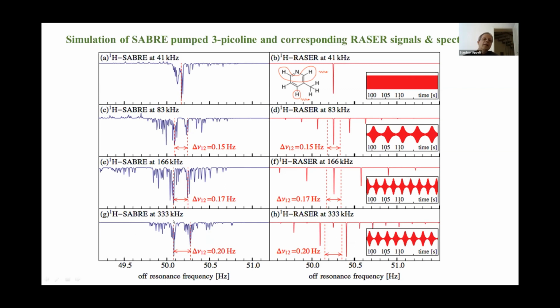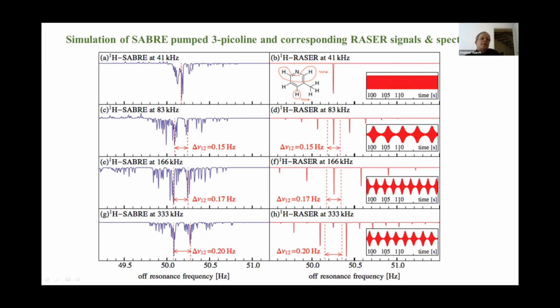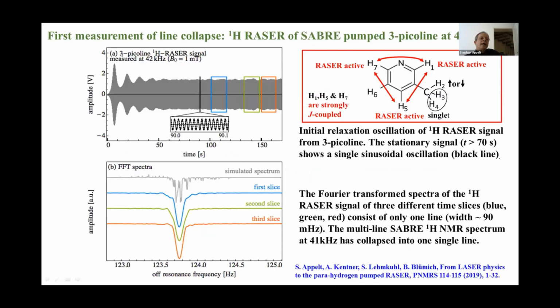So the nonlinearity of the RASER makes it very interesting for analyzing ultra high resolution NMR. Now here's experimental proof for the collapse. The prediction was that at 41 kilohertz, even though you have hundreds of finely split lines in the millihertz regime, you can only observe one RASER line, and this is the case for free picoline at 41 kilohertz.